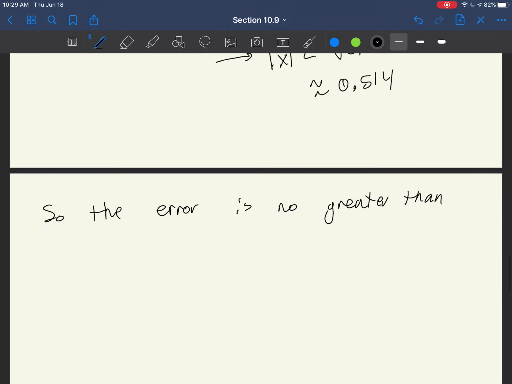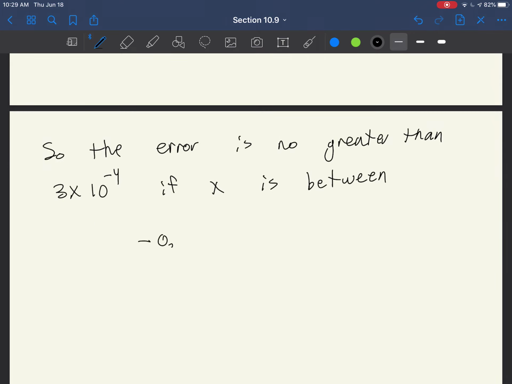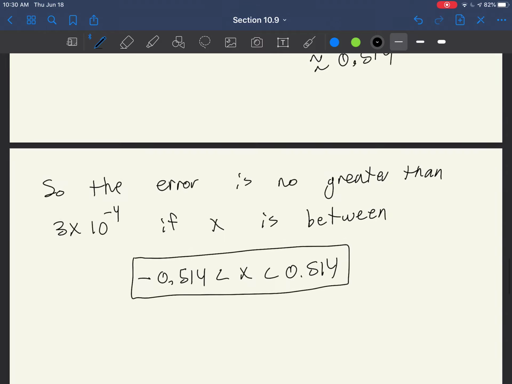So the error is no greater than 3 times 10 to the negative fourth if x is between negative 0.514 and 0.514.